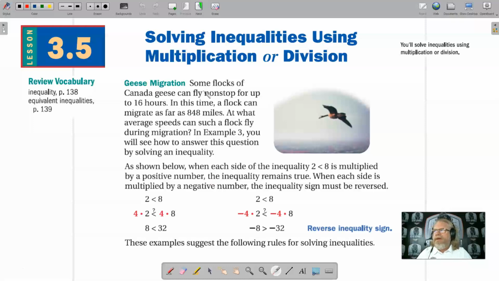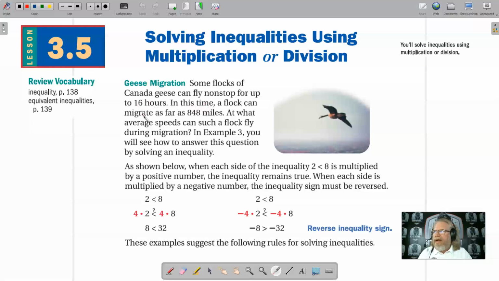So we'll start off with our geese migration here. Some flocks of geese can fly nonstop for up to 16 hours. So it's not exactly 16 hours, it's up to 16 hours. It could be less than 16 hours. And whenever we have phrases like this, for up to, that implies that we might be using an inequality as opposed to an equality.